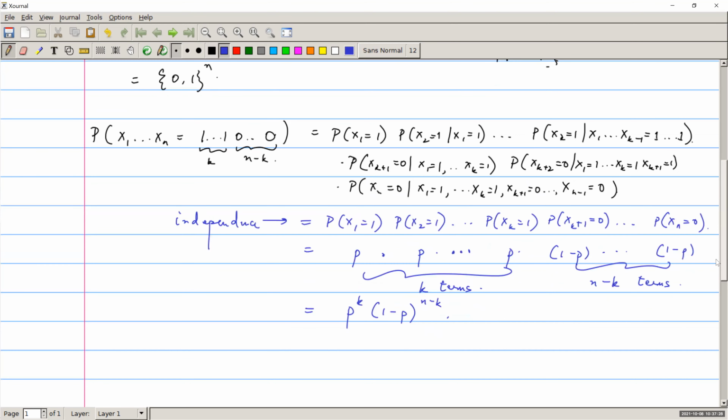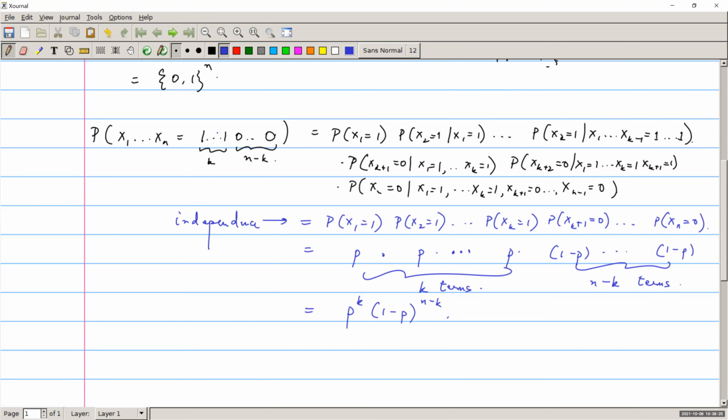Now, one thing you notice is that if you rearrange the order, if you permute the sequence, if you move the ones and zeros in any order, you'll still work out things in the same way.